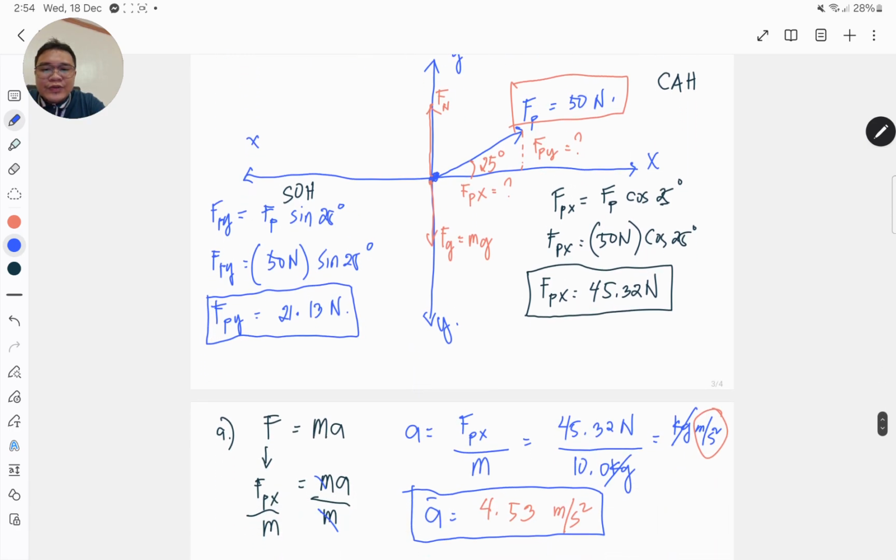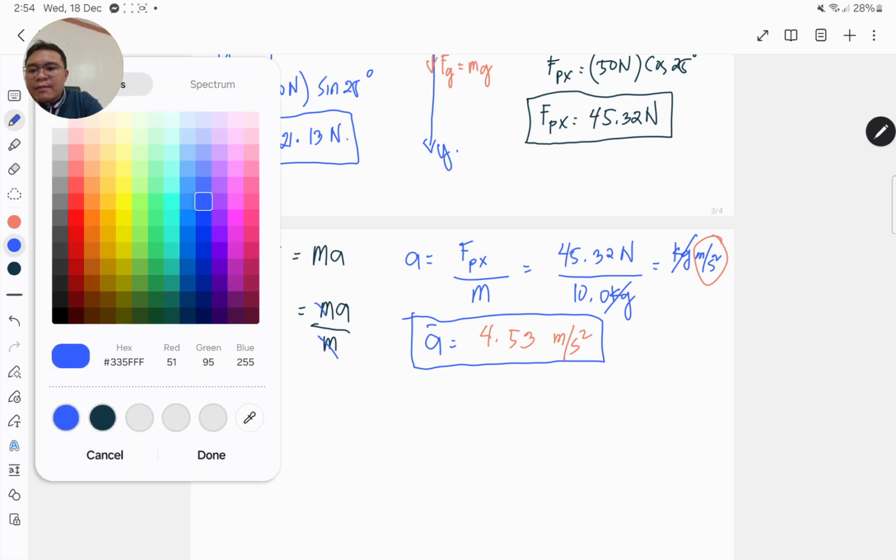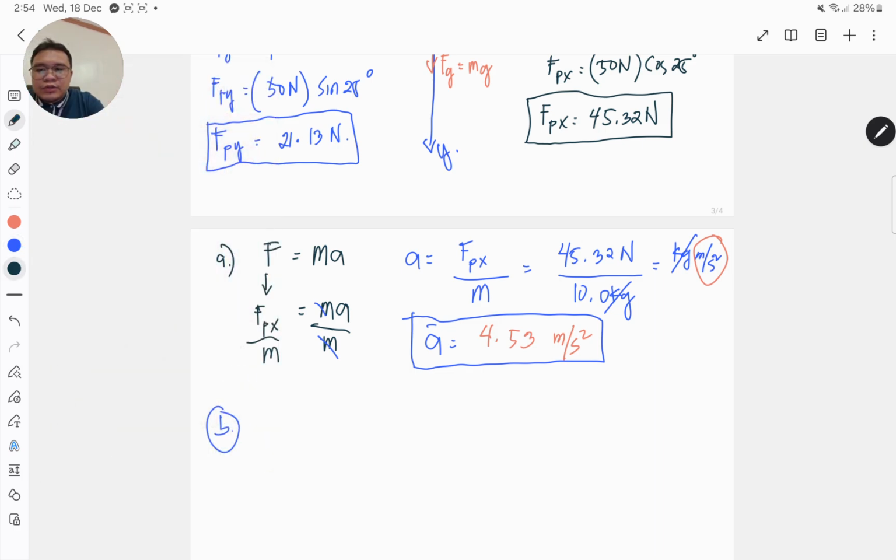So we can now solve for the normal force. Because again, according to Newton's second law, the sum of all the net forces if the object is at rest should be 0. So therefore, the sum of all the forces in the y direction, which is composed of the Fg plus your normal force and plus the force on the y direction due to the person, is now equal to 0.